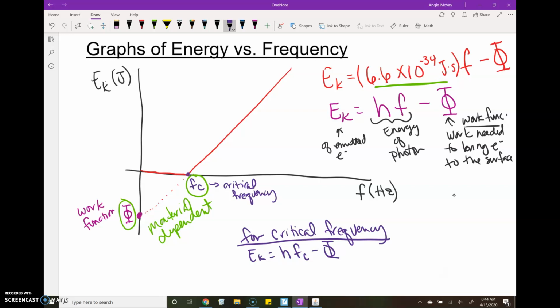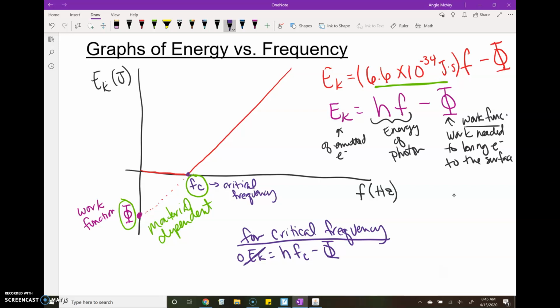At the critical frequency, an electron has just been emitted from the photosurface, but it won't have any kinetic energy. It has just been liberated, but it doesn't have any energy to move. So at the critical frequency, the kinetic energy is 0. And at any frequency below the critical frequency, there won't be any kinetic energy.